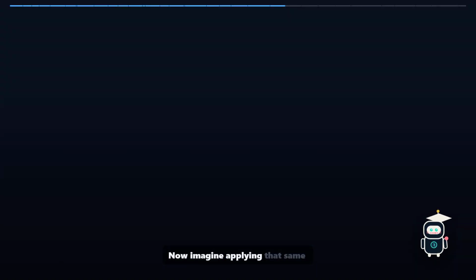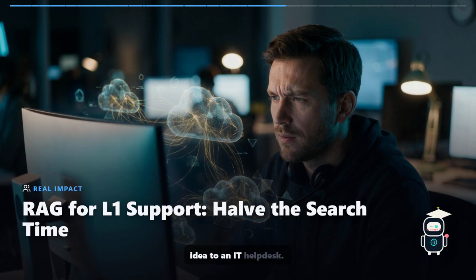Now imagine applying that same idea to an IT help desk. A Level 1 support technician receives a ticket describing an unfamiliar VPN error. Instead of manually searching dozens of knowledge articles, the technician enters the issue into a RAG-powered assistant.